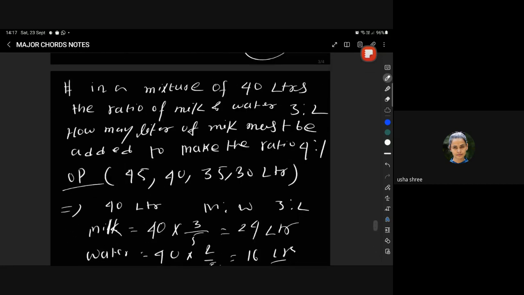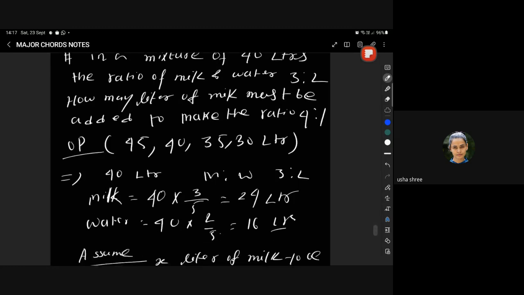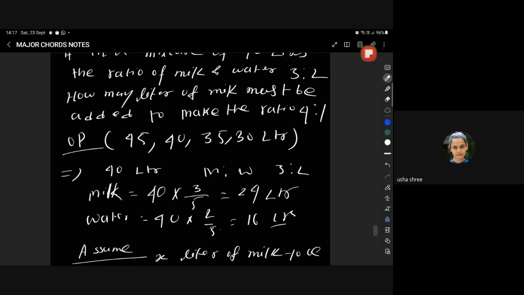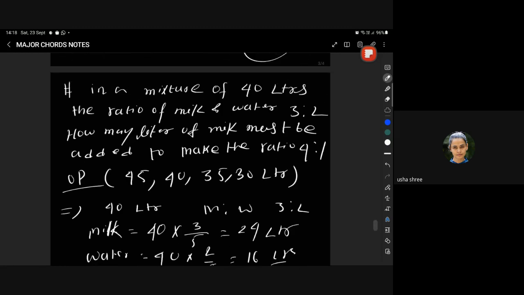In a mixture of 40 liters, you have 24 liters of milk and 16 liters of water, and the ratio is 3:2. Now they have asked you to add more milk to change the ratio from 3:2 to 4:1. That's it.